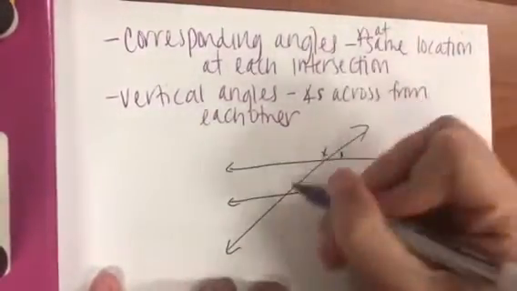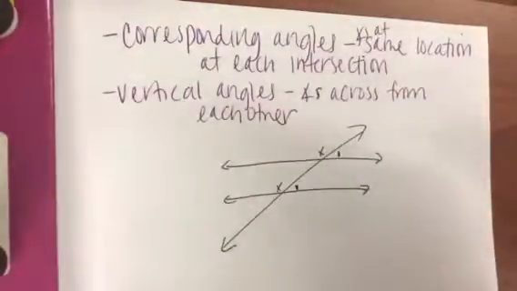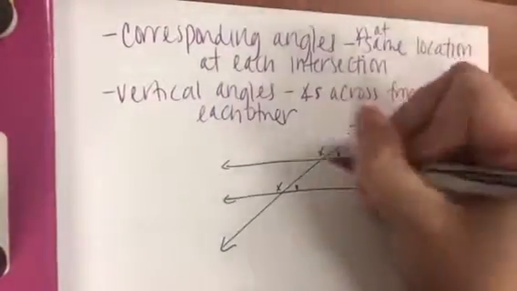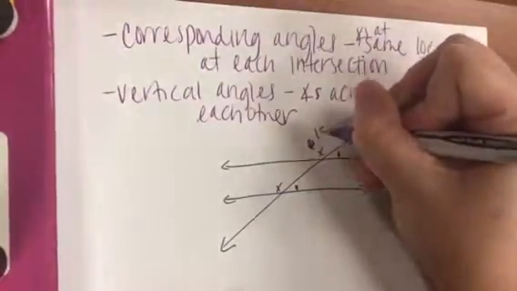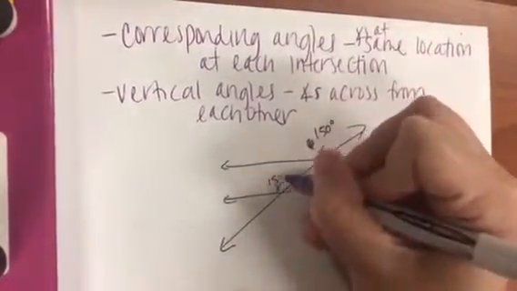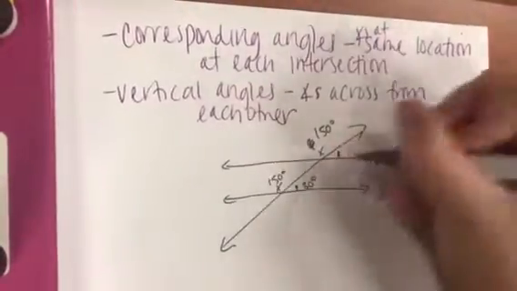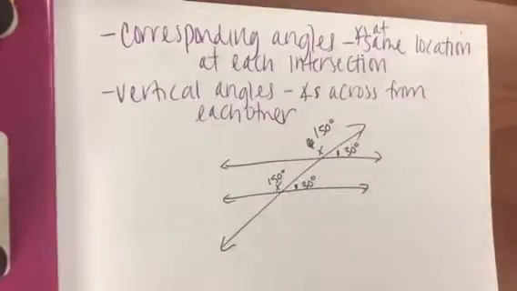So this one would be here. You just look at it and you're like, oh, it's the same spot as that other one. Those corresponding angles are actually going to be the same angle measurement. So if this was 150 degrees, this would be 150 degrees. If this was 30 degrees, that would be 30 degrees. So they're corresponding, they're the exact same angle, created by the transversal.